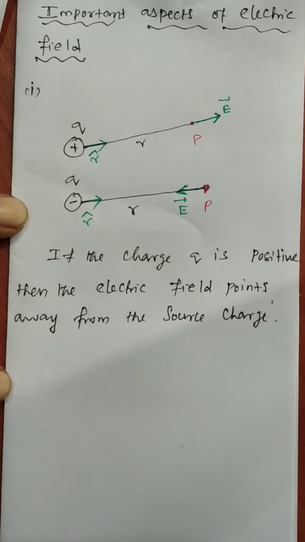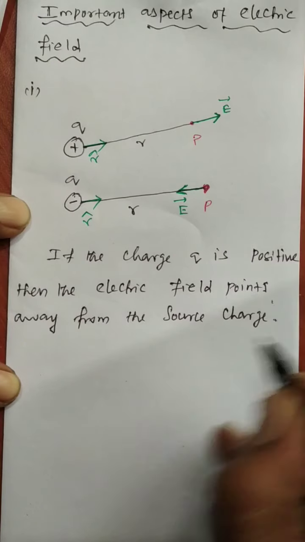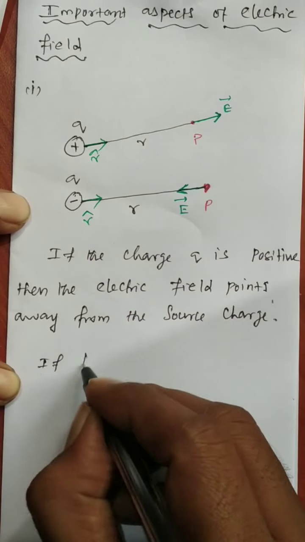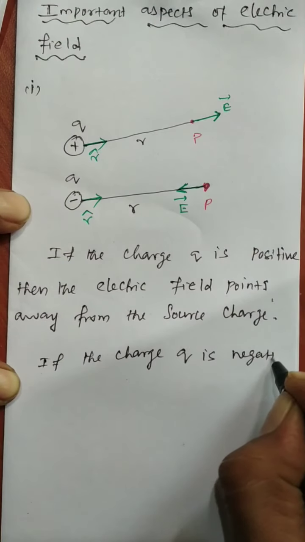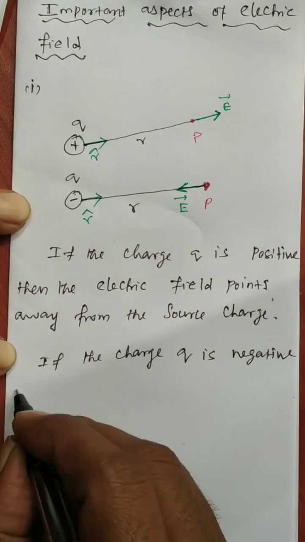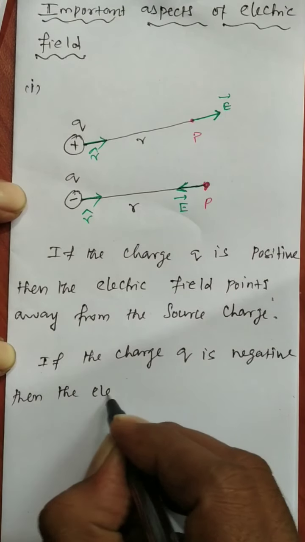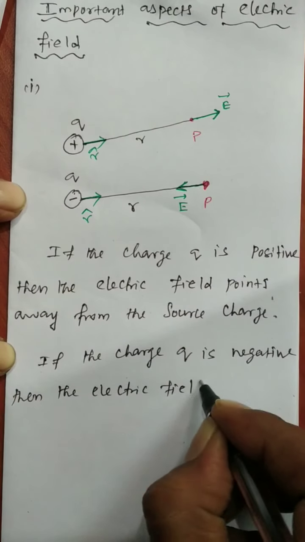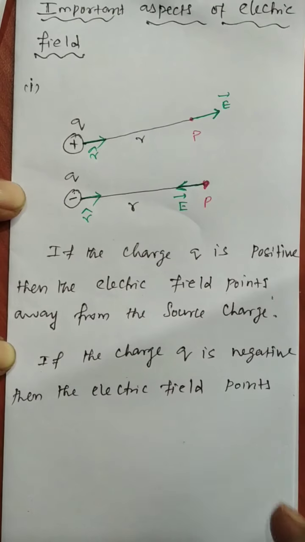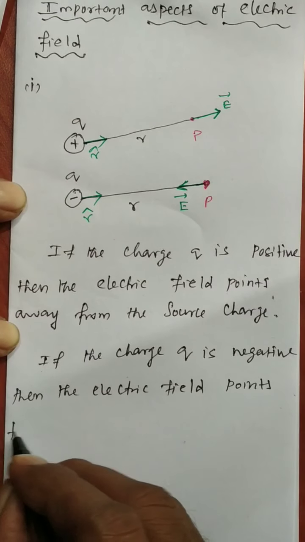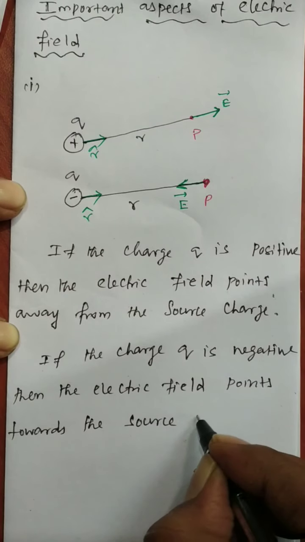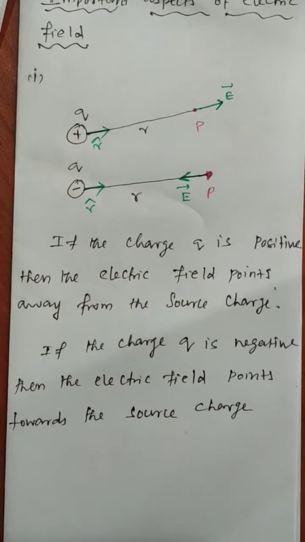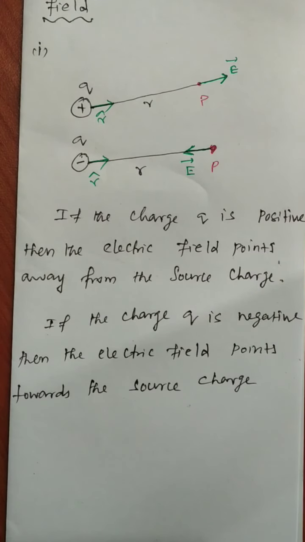If the charge Q is negative, then the electric field points towards the source charge. This is the first aspect of the electric field.